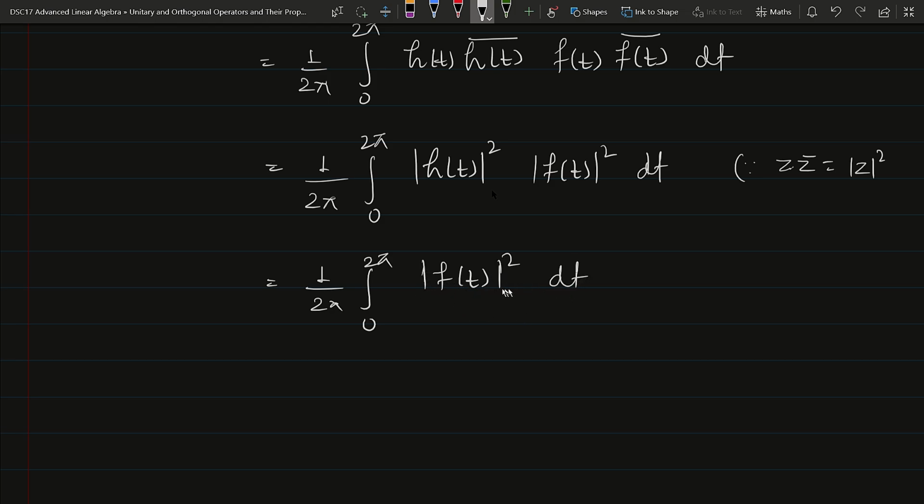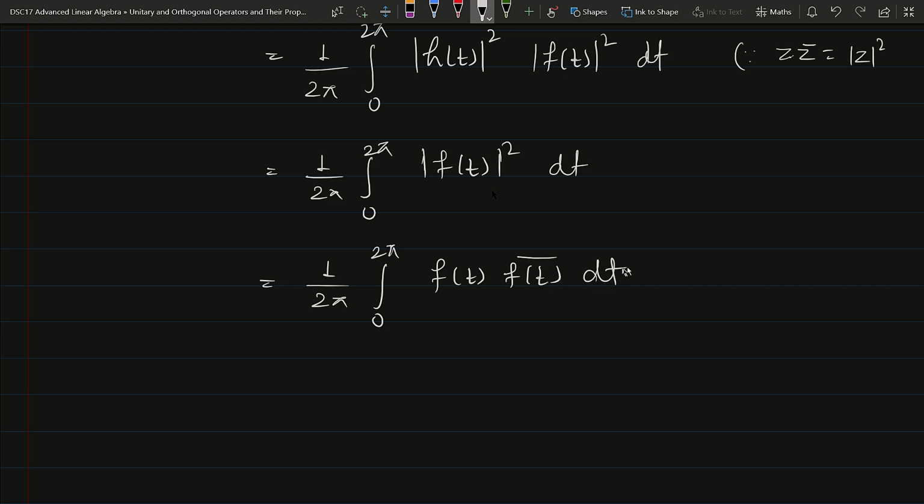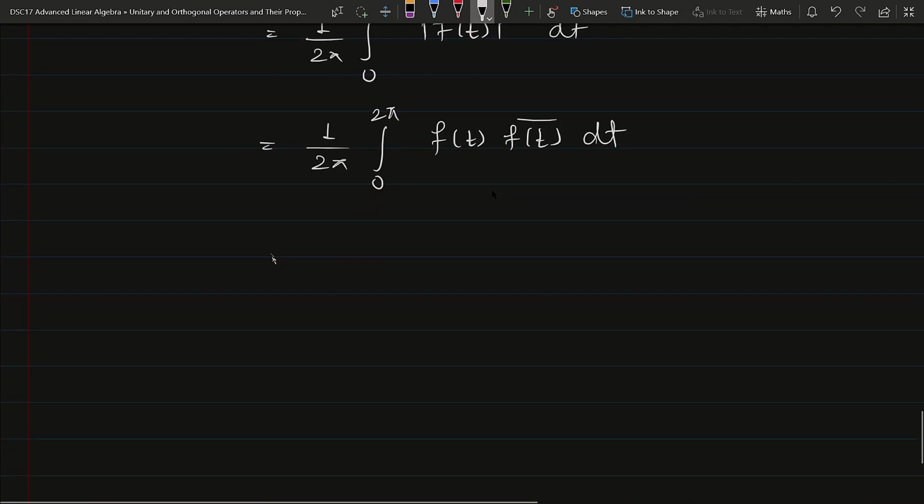Now you can see I can write this as 1 upon 2π 0 to 2π, and again in place of this square we can use this number and its bar, product of number and its bar. So I can write f(t) f(t) bar dt, right? And by the definition this is nothing but the inner product of f comma f, and inner product of f comma f is nothing but the square of norm of f.